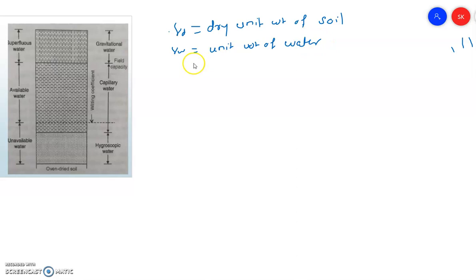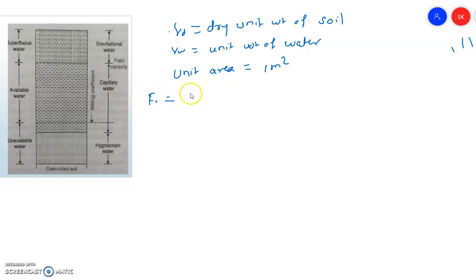Then we can consider the unit area as 1 meter square. So let us assume that we are doing all these calculations for the unit area, which is equal to 1 meter square. How can we calculate the field capacity?